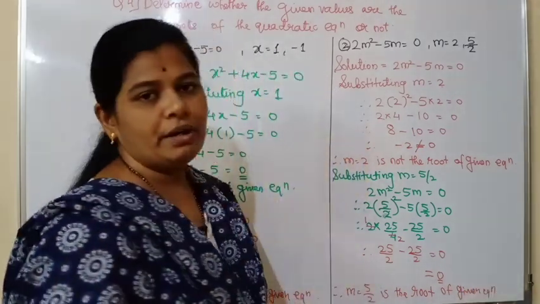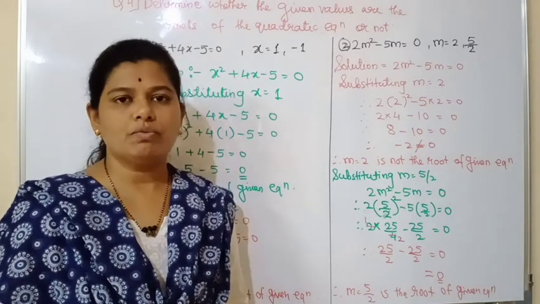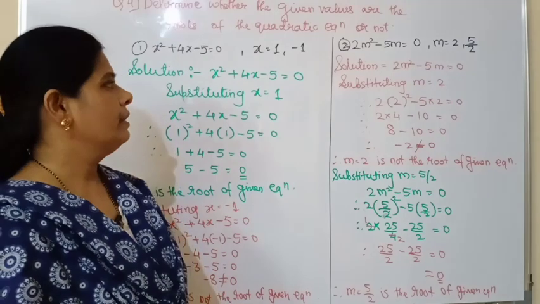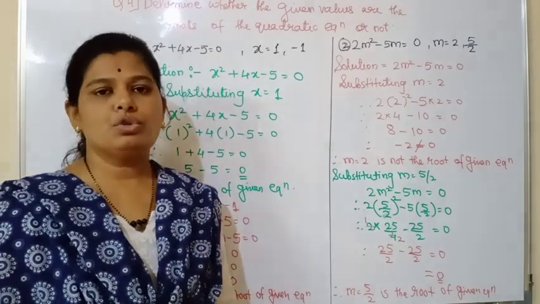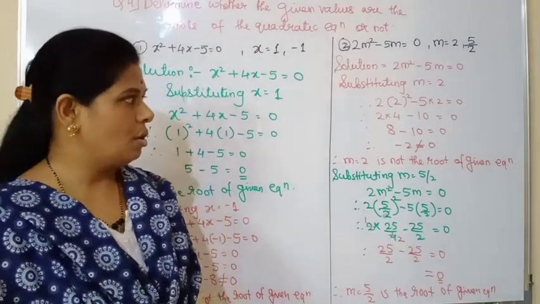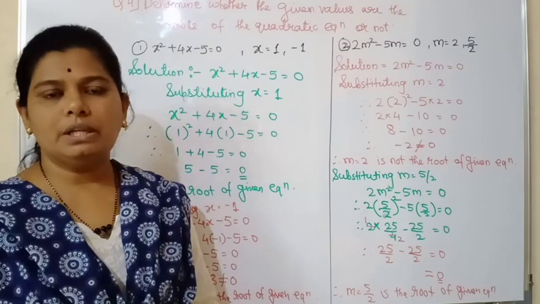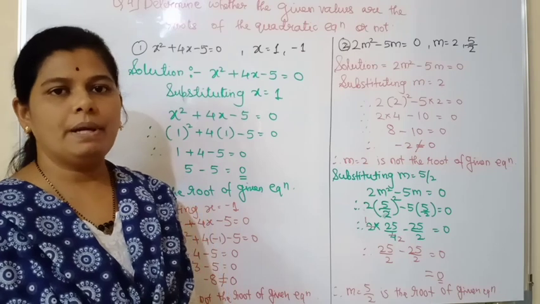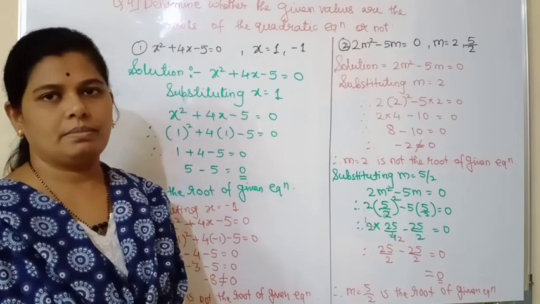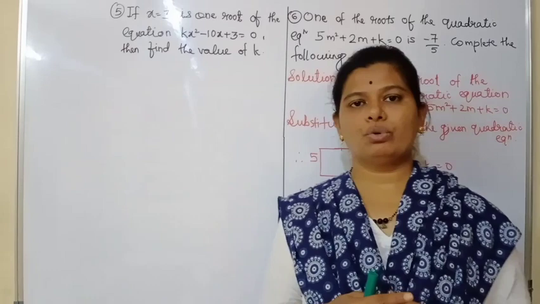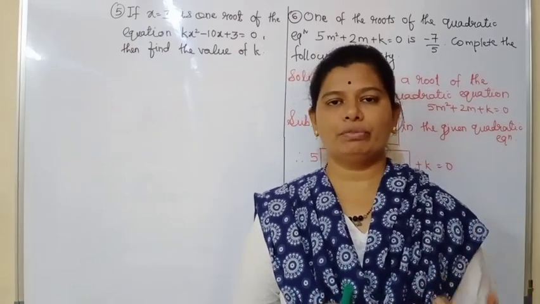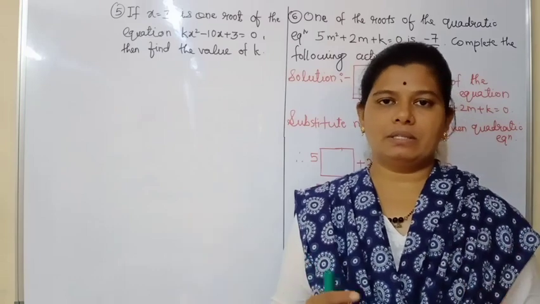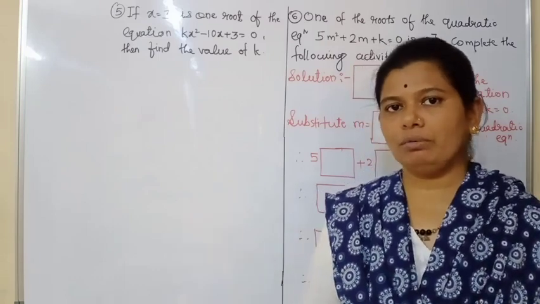So my dear students, in this way, by using these methods, we can decide whether the given values are the roots of the given equation or not. Now we'll study the last two examples of exercise 2.1, that is example number 5 and 6. Both the examples we are going to solve together.